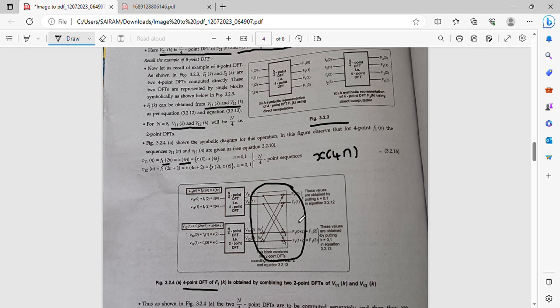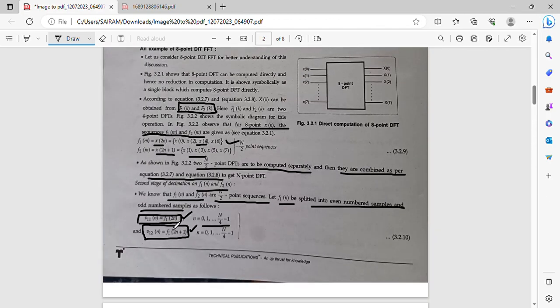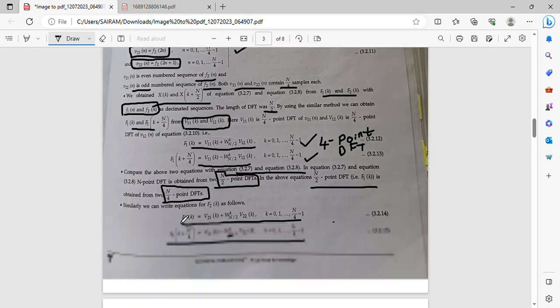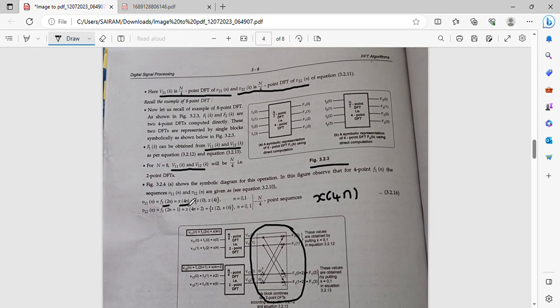So what is V11 of n? I have already told you, F1 of 2n. You can see, V11 of n is equal to F1 of 2n, which is equal to x of 4n. Why are we taking 4n? Because it is the 4 point F1 of n, so that is why I am going to take x of 4n.